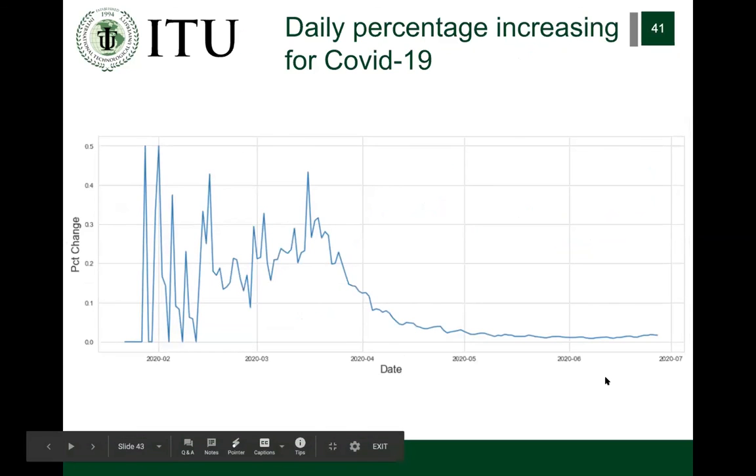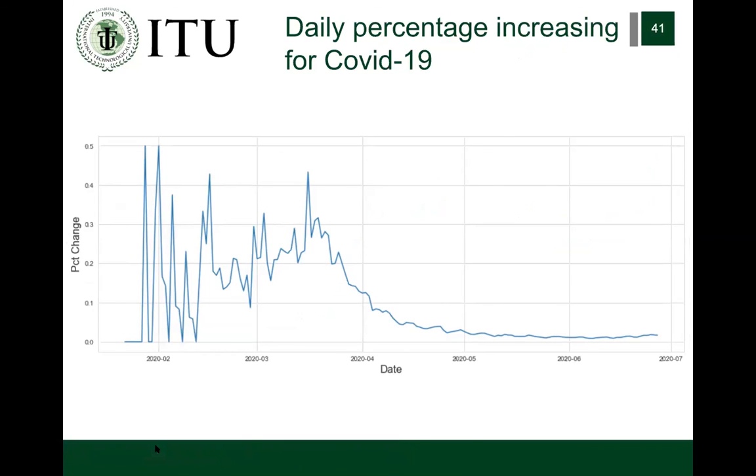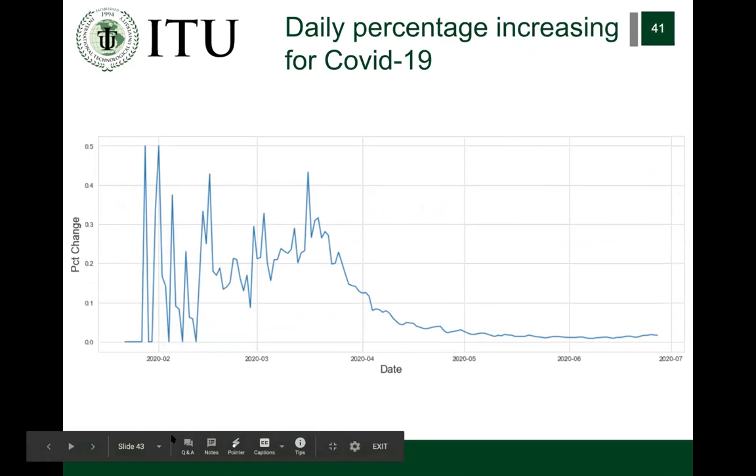And we can see the daily positive number increase for COVID-19. However, from April, we can see the number gradually decreasing. But then as time goes to June, the number goes up again.